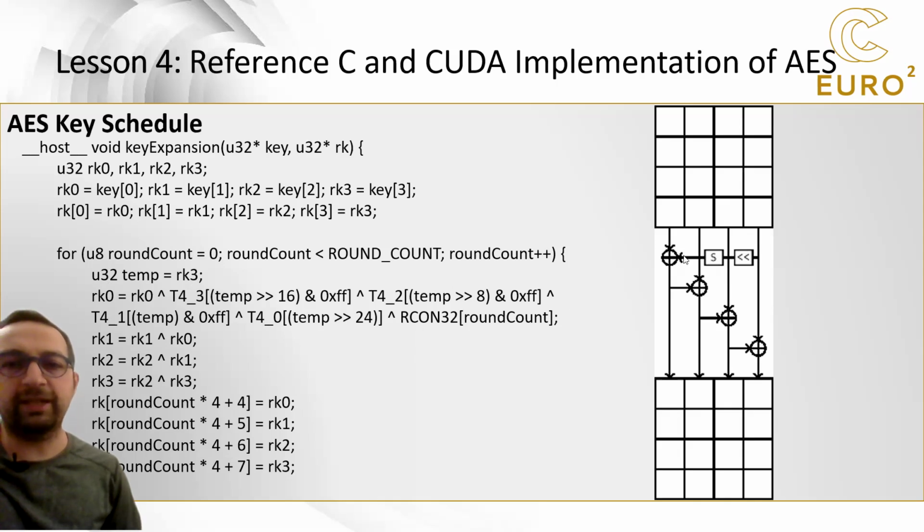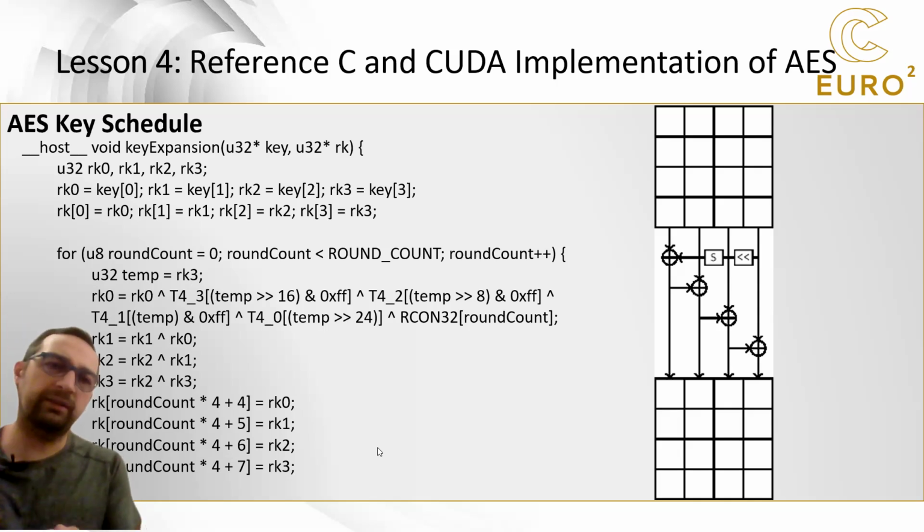Then we simply XOR this value with RK0 to obtain RK1, etc. So these XORs are performed here, as you can see. And in a for loop, this way we update it. From the master key, we obtain the first round key, we write it back here, obtain the second round key, and so on and so forth.